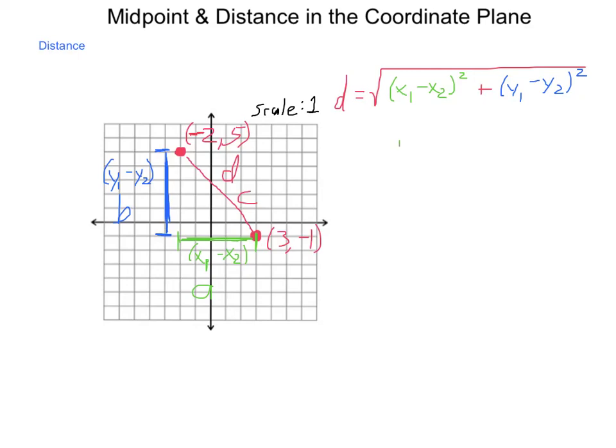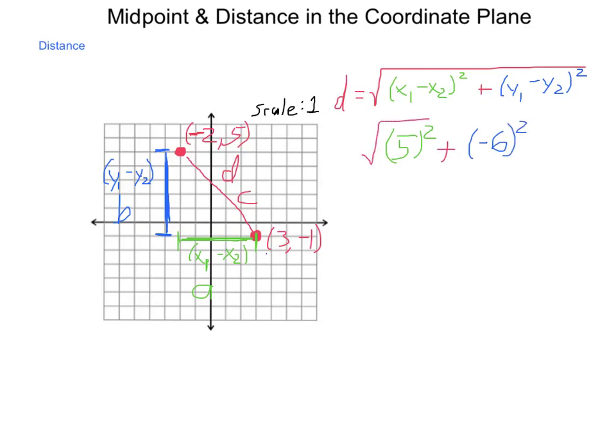And that distance is 5. So we're going to take our 5 and square it. To that, we will add our vertical change. How far is it from 5 to -1? If we start at 5 and go to -1, that change is down 6, and we will square it.